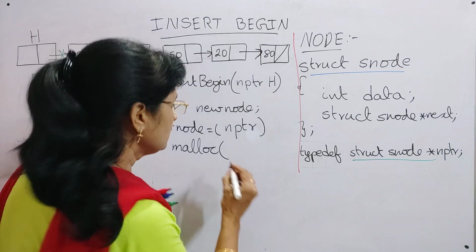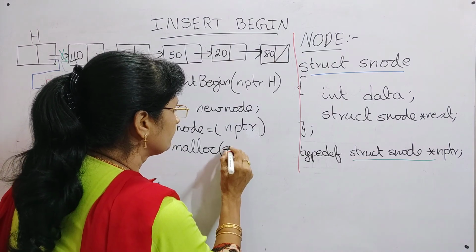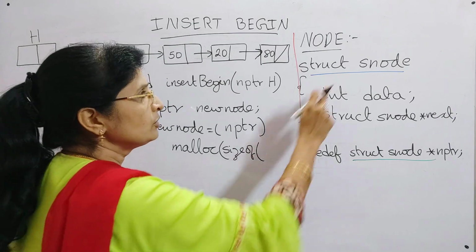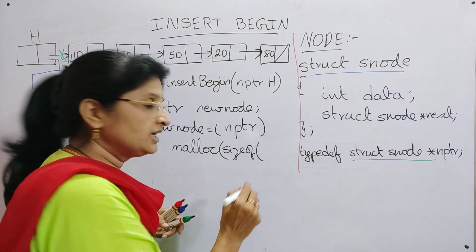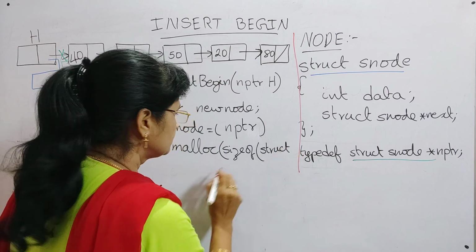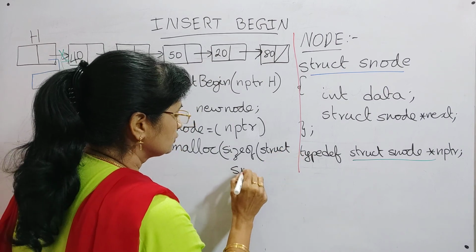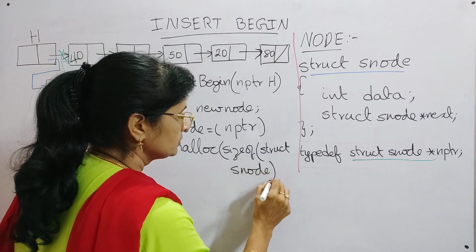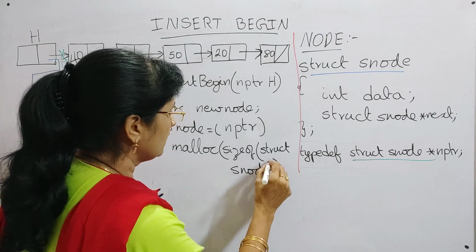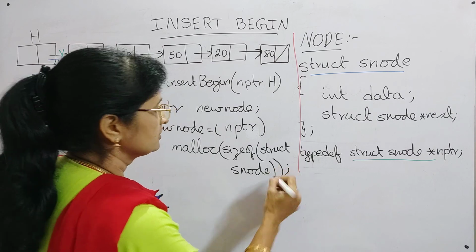data type. So now I will give the sizeof operator for which data type? The data type here is struct snode. This is the closing brace of struct node, and this is the closing brace of sizeof.